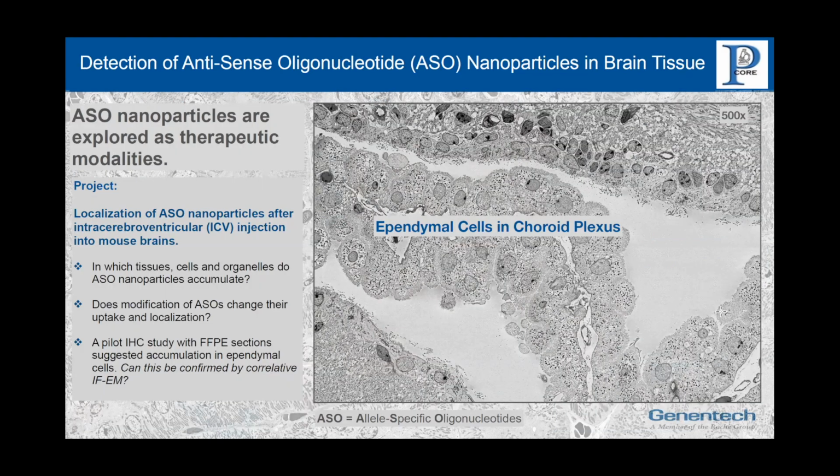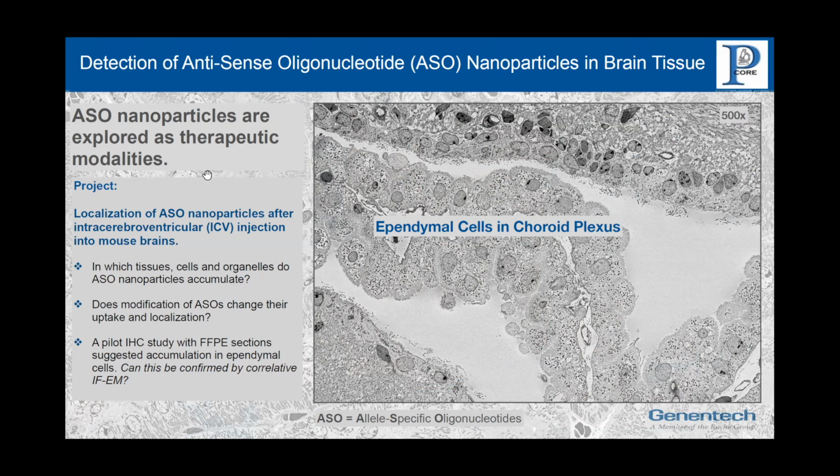Now here I would like to show you a real life project where we use this low temperature method in order to address a question at Genentech. In this case, the company is interested in exploring the use of allele-specific oligonucleotide nanoparticles as therapeutic agents.